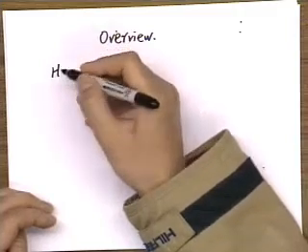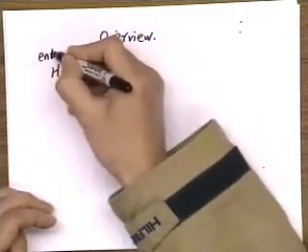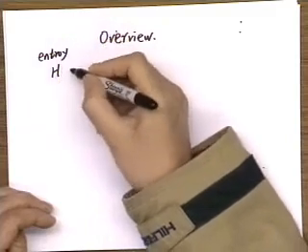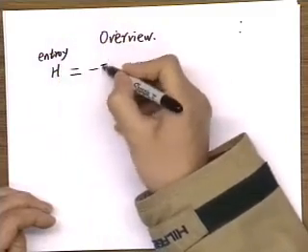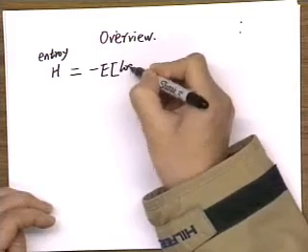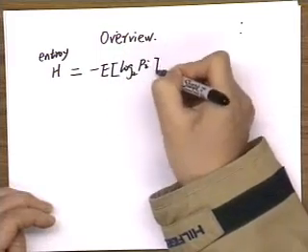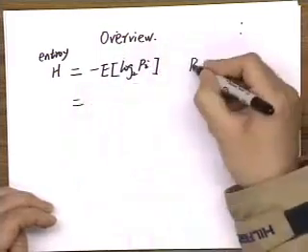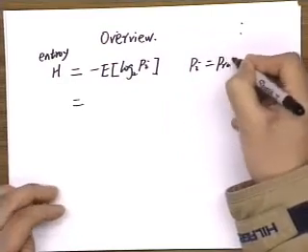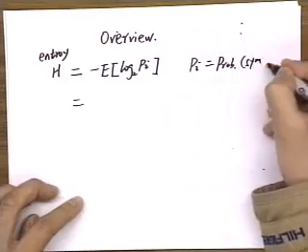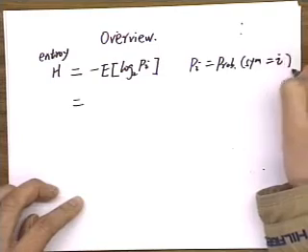So the entropy, H, is just an expectation of log2 pi. Here pi is the probability that a symbol is equal to the symbol i.